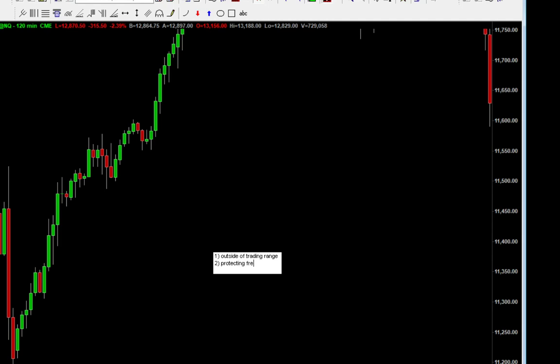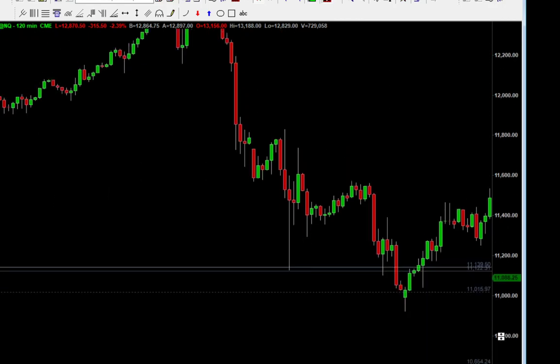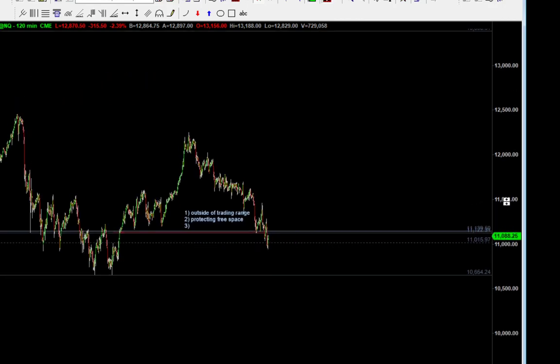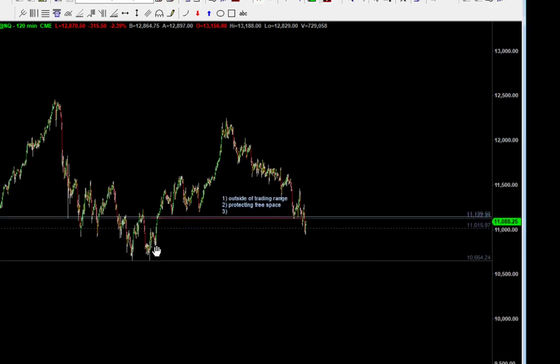Protecting free space. And then 3. I don't know, what else do we need? It's outside of the trading range. It's fresh. It's protecting free space. What else do we like about it?